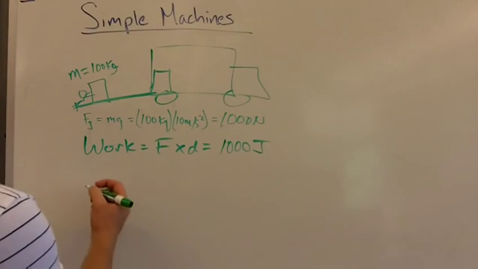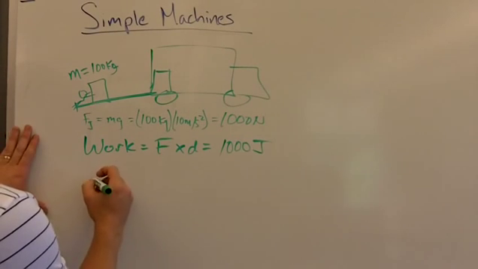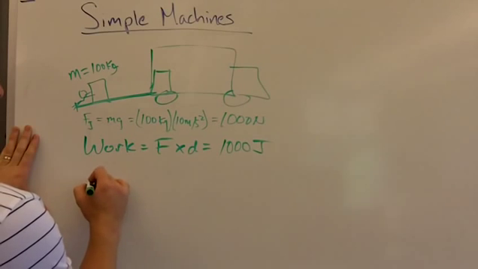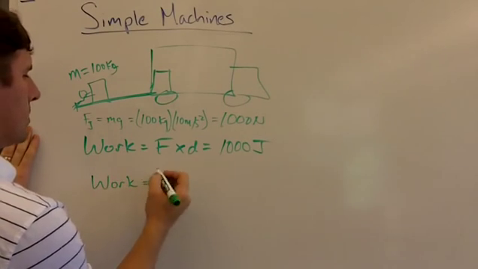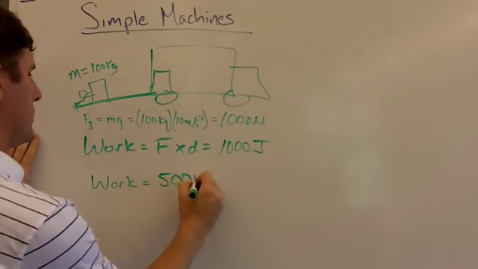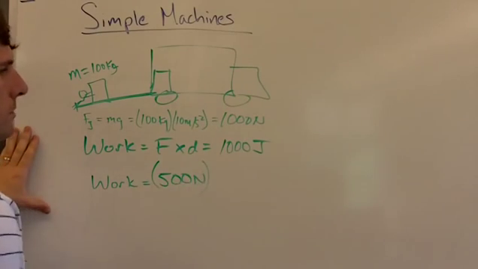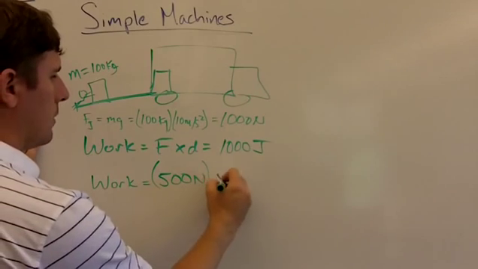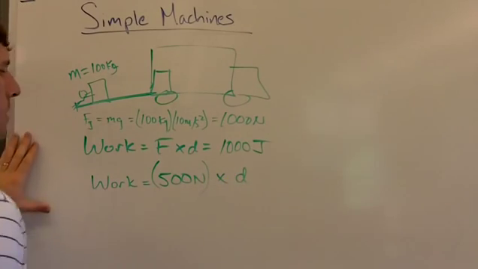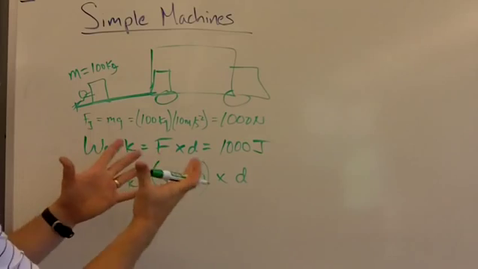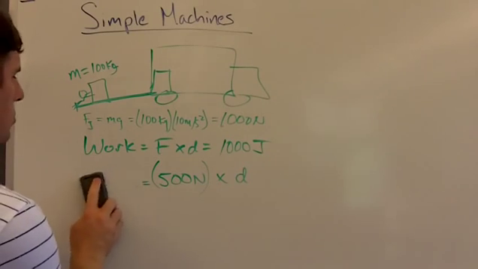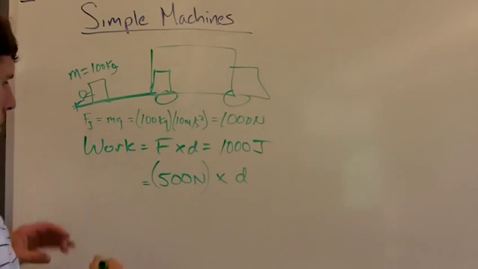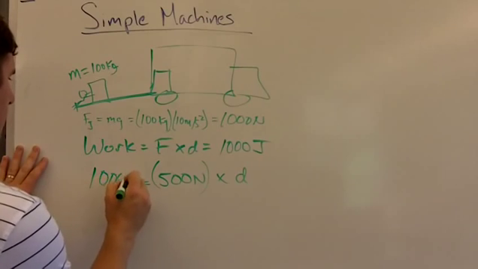So how do we do that? If you are only able to apply a force of 500 newtons, that's as much as you can push with. That times some distance is going to equal the amount of work that needs to be done to get this refrigerator up onto the truck. And that amount is 1,000 joules. We already calculated that.